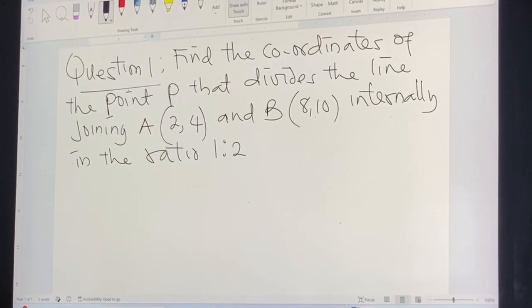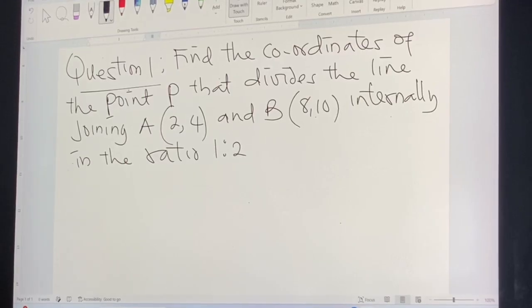To understand a question that is an internal division, this is what you have to know here. Whenever we have 2 points, and the point is being divided internally, we call that particular division internal division. Please take note. We also have a different way of knowing when an equation is an internal division or an external division.